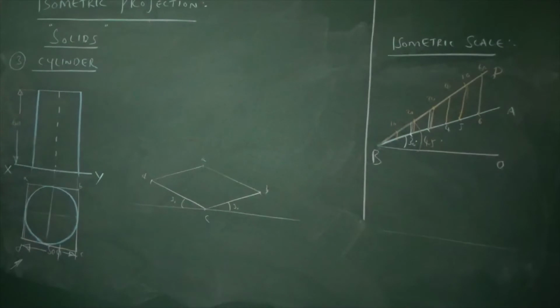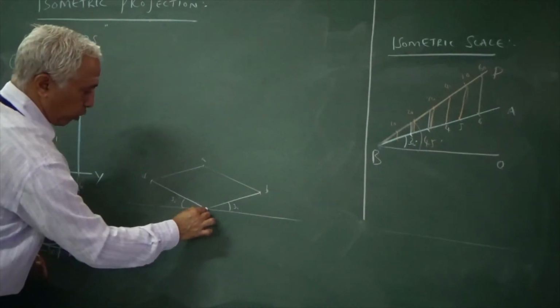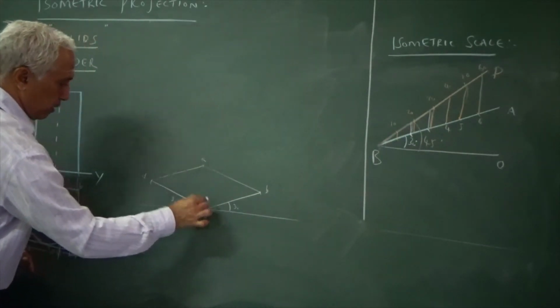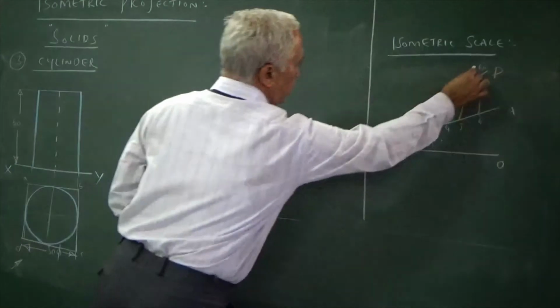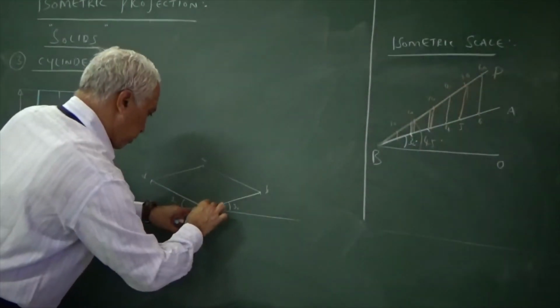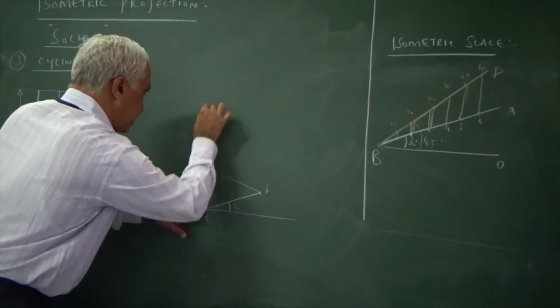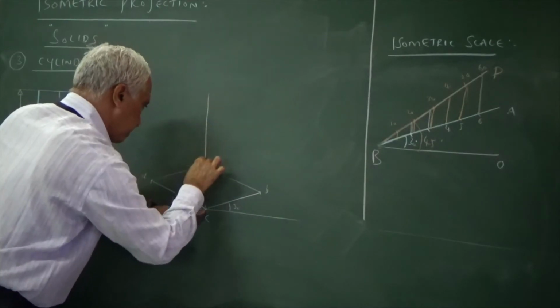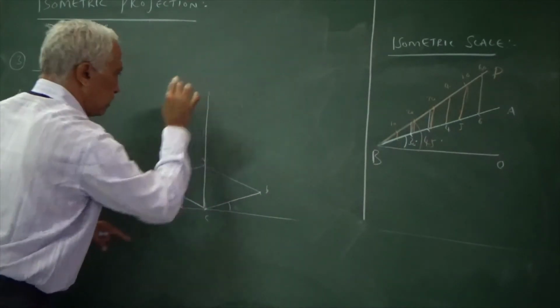Axis height is 60 mm. In the case of a cylinder, it is the same as a prism. Take the height from the lowermost point, which is point C. From point C, get ISO of 60. Here C and A coincide. Draw a vertical line, which is ISO 60.